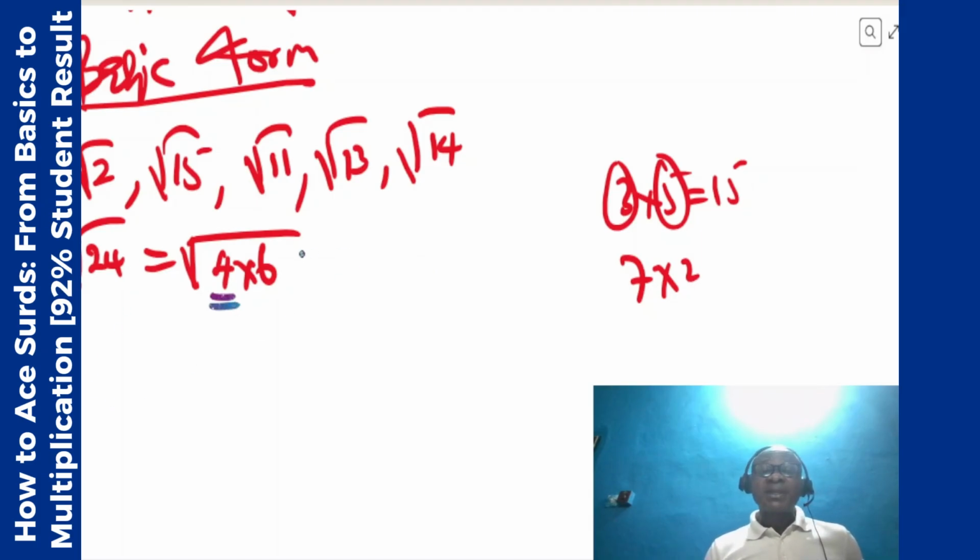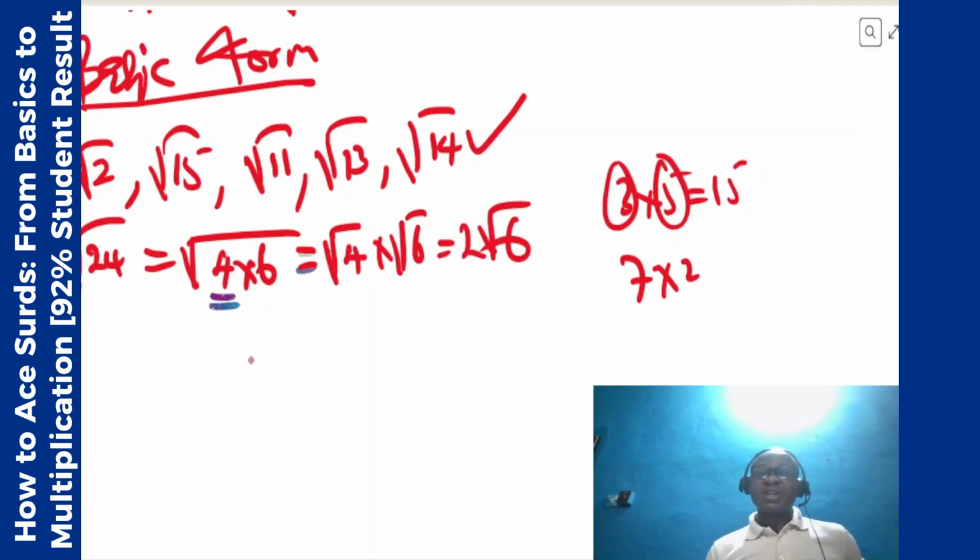Because 4 can divide 24 and 4 is a perfect number, we can simplify the square root of 24 to its simplest form. Else, it is in the basic form, as in the first examples. Therefore, this can now be written as square root of 4 multiplied by square root of 6, which is exactly 2 root 6 as the final answer to this question.